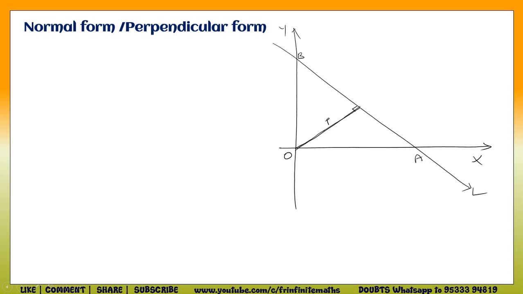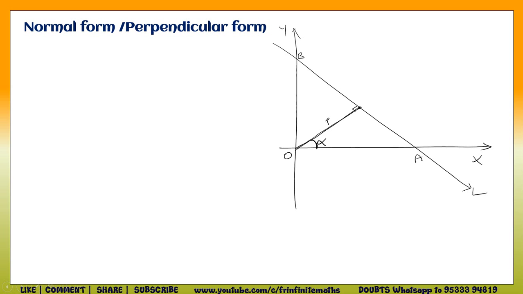In this perpendicular form, the perpendicular is making an angle alpha with the positive direction of the x-axis, and it is at a distance of p from the origin.